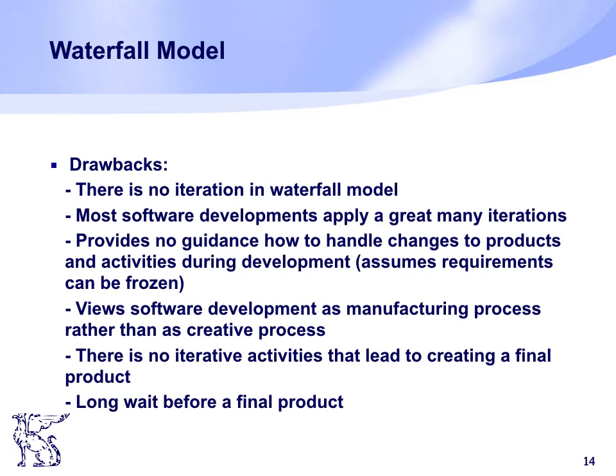The first drawback is there is no feedback path. It assumes that no error is ever committed by developers during any phase, so it does not incorporate any mechanism for error correction.